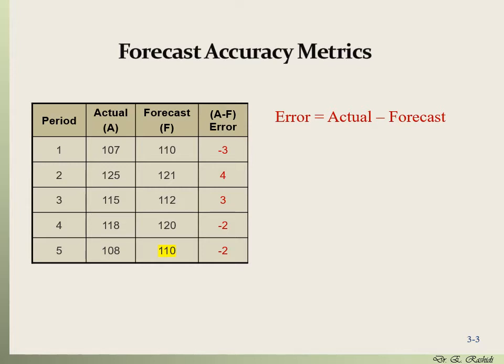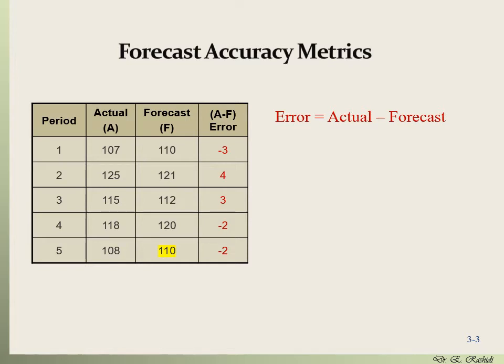So now the question is, what should we use as the accuracy metric? What should be computed? Well, here we have a table. This is the same data that we had before. We have 5 periods here. We have the actual data, and in the third column, we have our forecast.